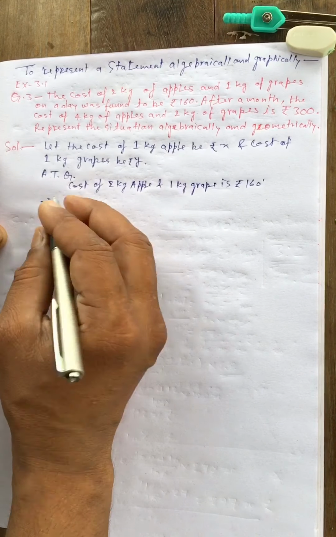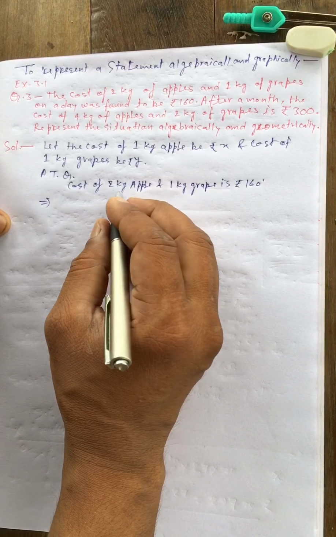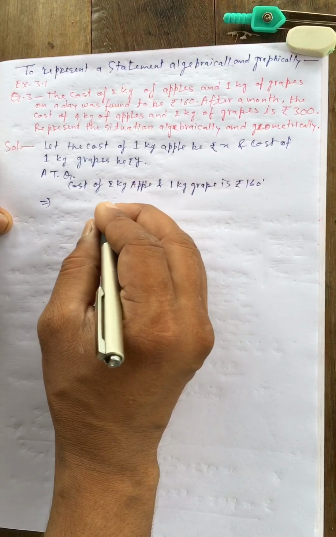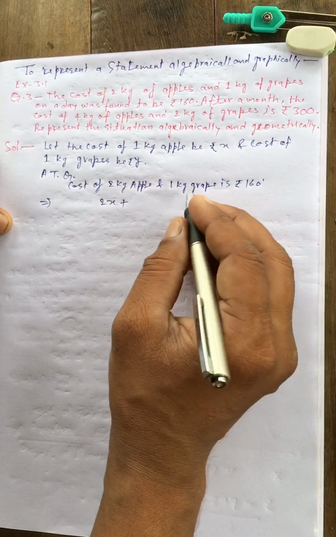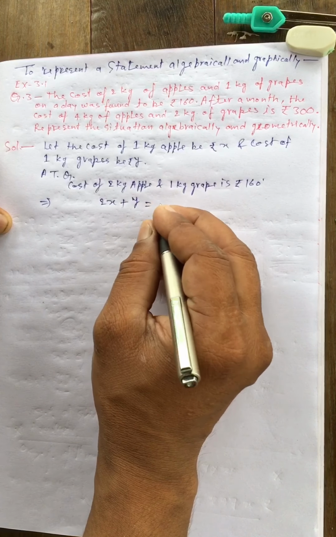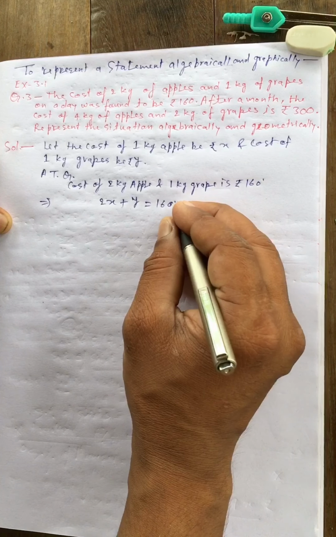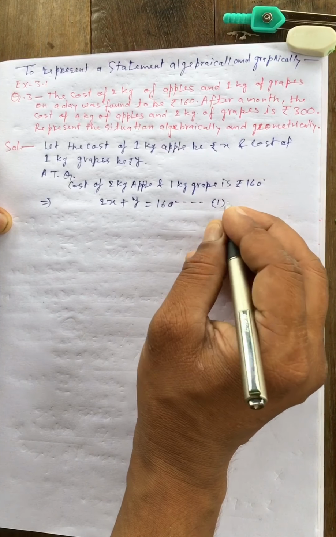From our supposed part, the cost of 2 kg apple will be 2x rupees and the cost of 1 kg grape is y rupees, therefore 2x plus y is equal to 160 rupees. This is equation number 1.